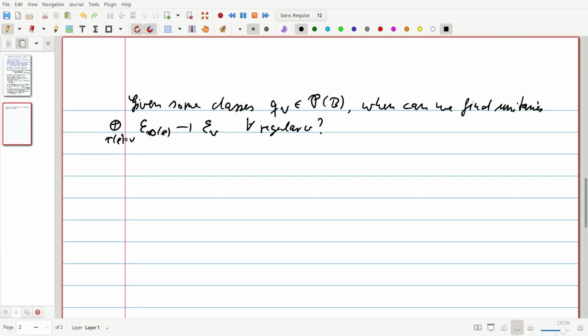And of course, this would just say this is equivalent to an equality in P of B, namely we would need that the sum of all these Q of S of E, where E is in the range pre-image of V, is equal to Q of V. That's the property that you need.